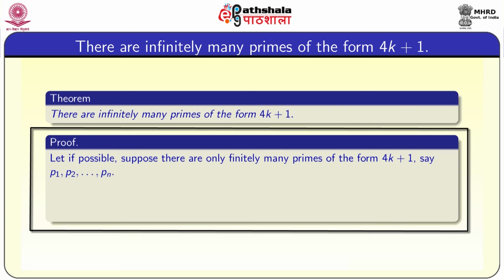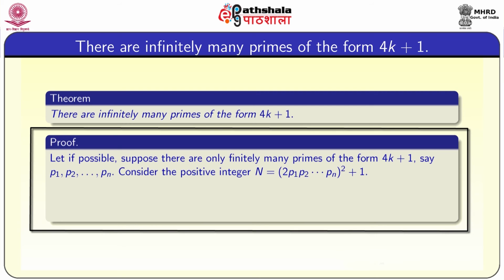Let us suppose that there are finitely many primes of the form 4k + 1, say p1, p2 and so on up to pn. All of these are of the form 4k + 1, and these are the only primes of the form 4k + 1. Now we need to produce a new prime other than these.